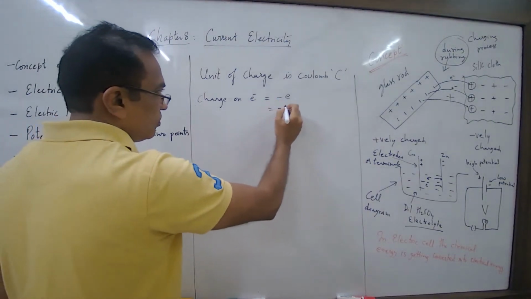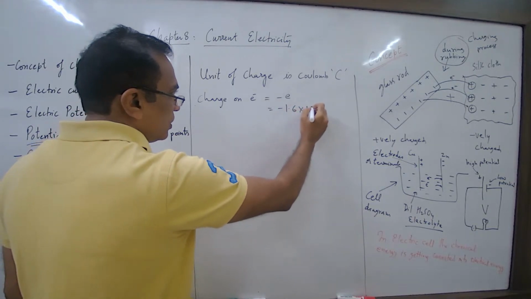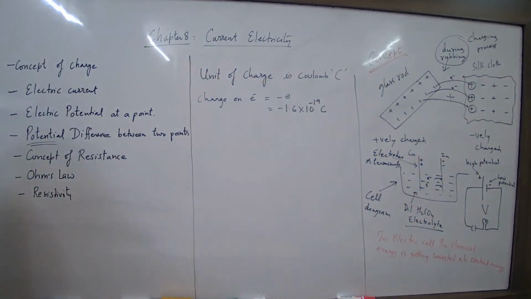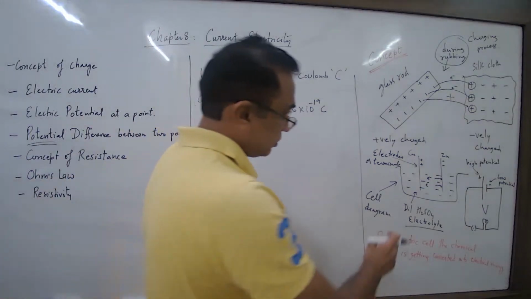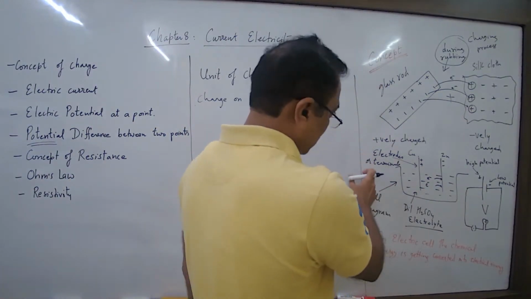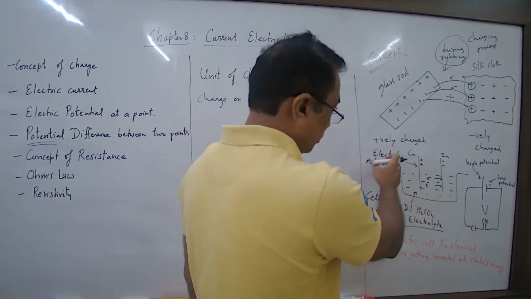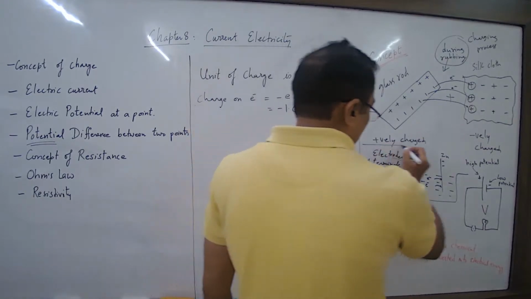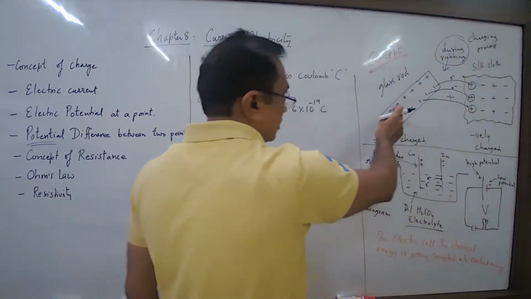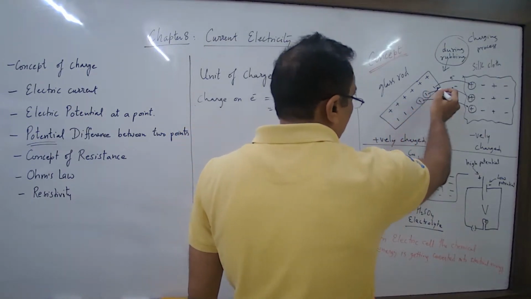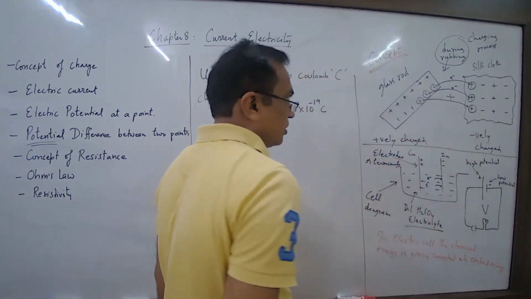Minus E. It is equal to minus 1.6 into 10 raised to minus 19 coulomb. What is not understood? Which word? Electrode. Terminals. Electrodes or terminals. So this is for the upper one. This is positively charged because these electrons are lost. So X is positive.